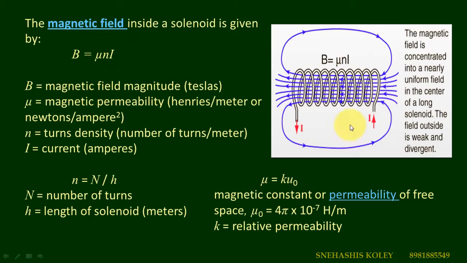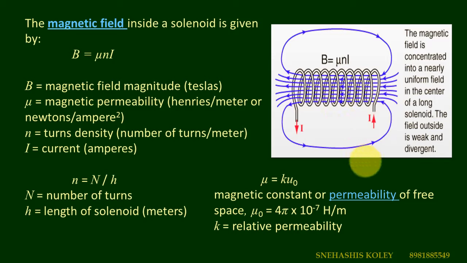So as you can see, the magnetic field lines inside a solenoid are parallel to each other. That means we can produce a uniform magnetic field inside a solenoid, and the strength of the magnetic field can be changed according to our need.